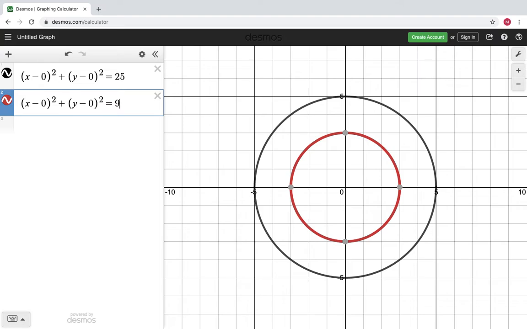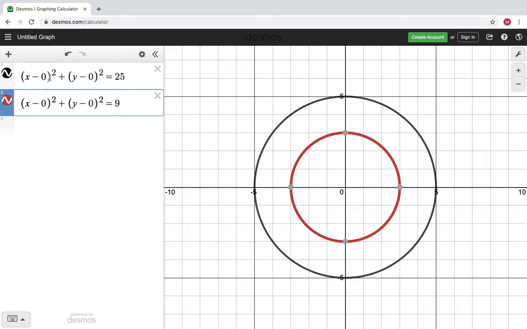And so now what they're asking you for in part A of exercise 2 is what happens if the distance between the two circles was equal to 8. The centers of the circles was 8. So right now both centers are at 0.